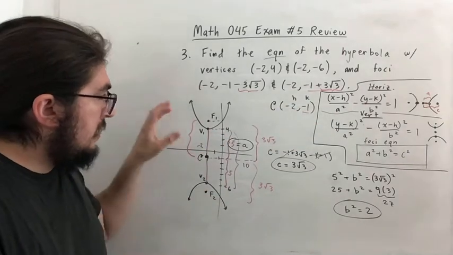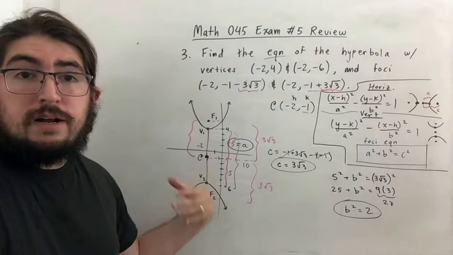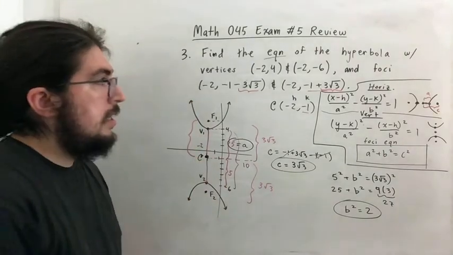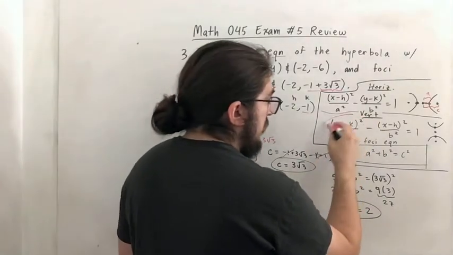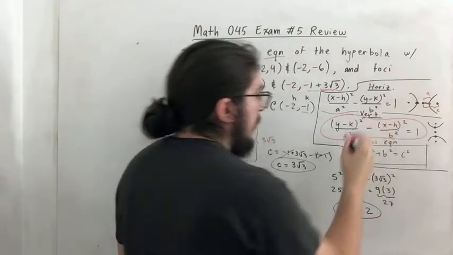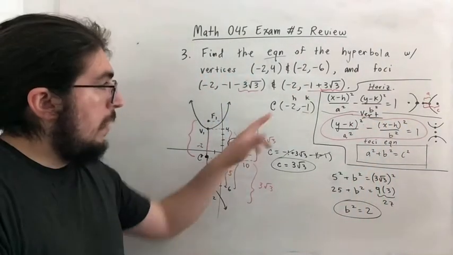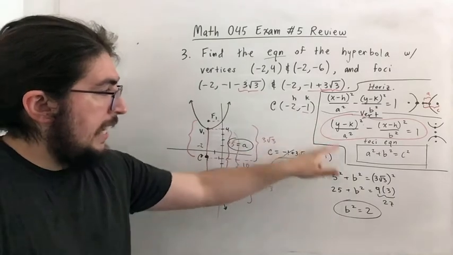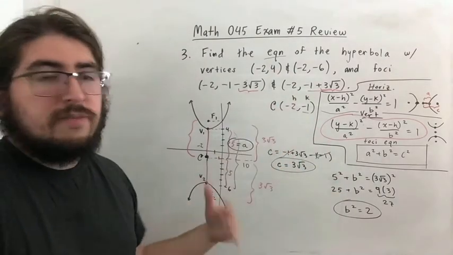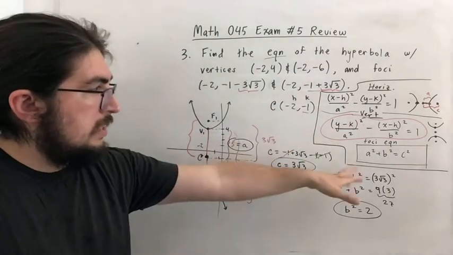Now remember, since we have a vertical set of branches here, it's a vertical hyperbola, so we'll be using this equation down below. Basically, y is going to be in front. Y minus k, x minus h, a squared on the bottom of y, so a is always in front for hyperbolas, and then b squared on the bottom for x.